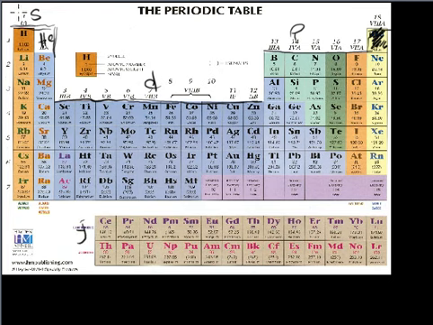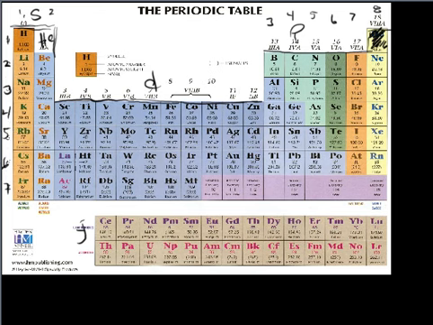Now, this is your group 1, 2. These get a little squirrely in here, your transitional metals, and we're going to get to that. This is group 3, 4, 5, 6, 7, and group 8, of course. And it goes down as well: 1, 2, 3, 4, 5, 6, and 7.